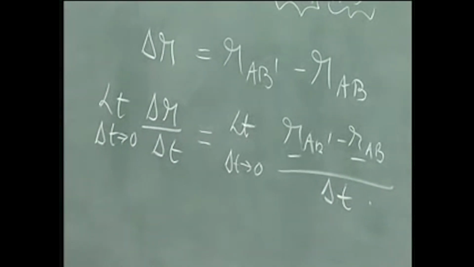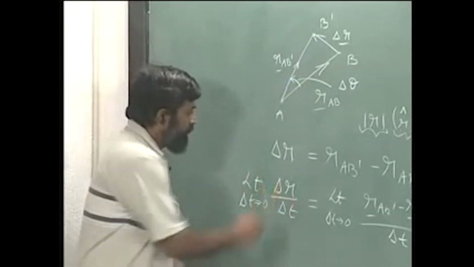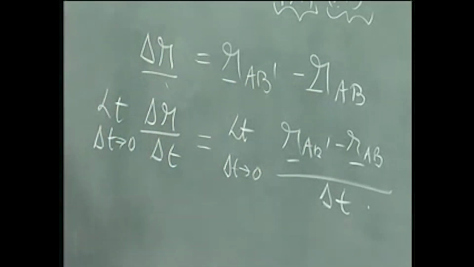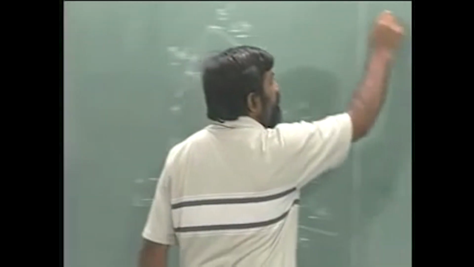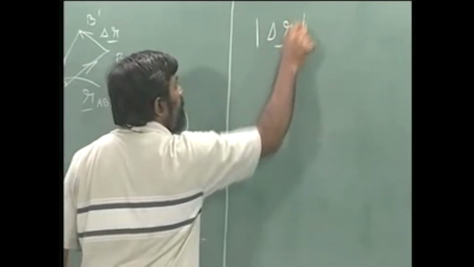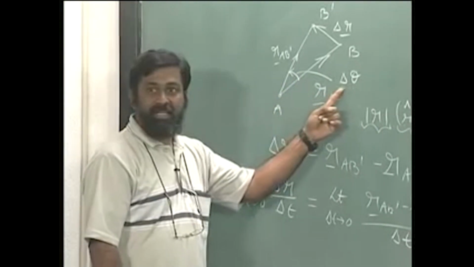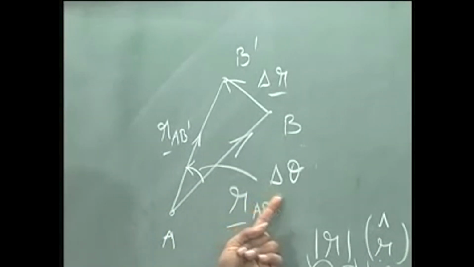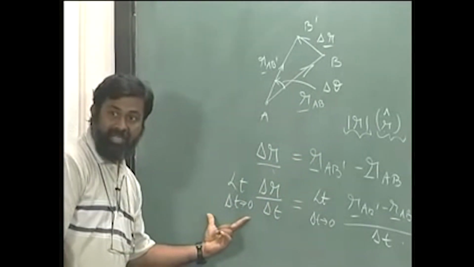perfectly all right. Now, in this particular case if I look at this delta r, it again has a direction and a magnitude. Let us look at the magnitude. What would be the magnitude of this delta r vector? Can I find out? That is the question I will ask. I know that this is a delta theta sweep that has occurred about A, and I know delta theta is small because I am taking a limit.